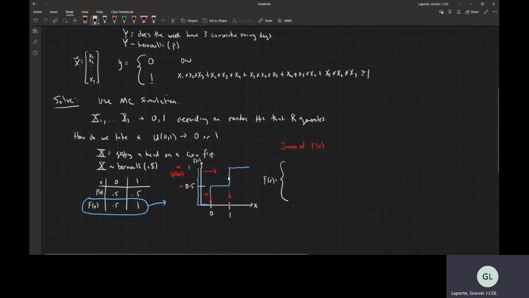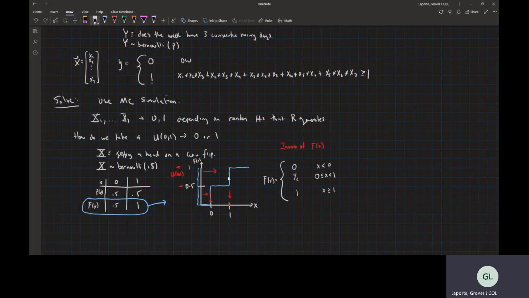But let's real quickly write out what f of x is. So f of x is 0 if x is less than 0. It is 1/2 when 0 is less than or equal to x is less than 1. And then we're at 1 when x is greater than or equal to 1.